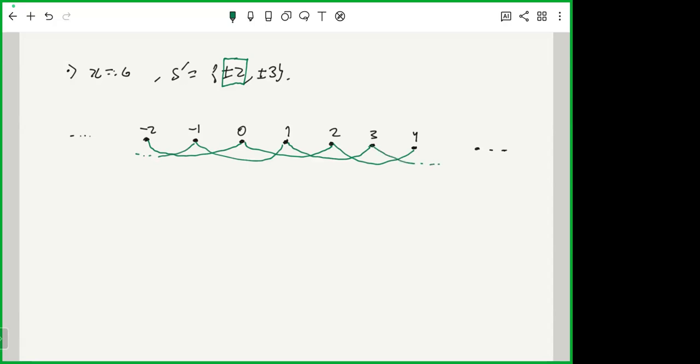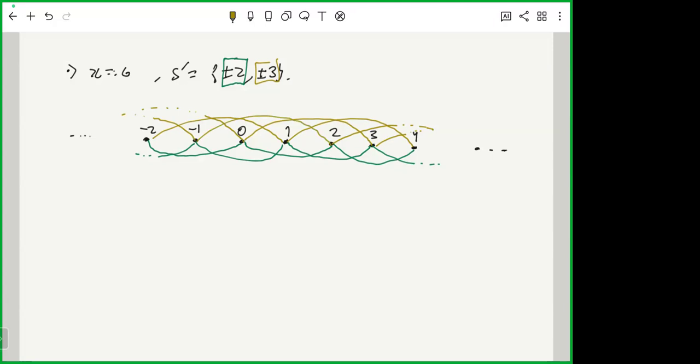If I use the other generator, plus minus 3, I jump what would usually be distance 3, but now this is distance 1. So from 1, I go to 4, from 2, I go to 5. From minus 2, I go to 1, from 0, I go to minus 3, and from minus 1, I go to minus 4.